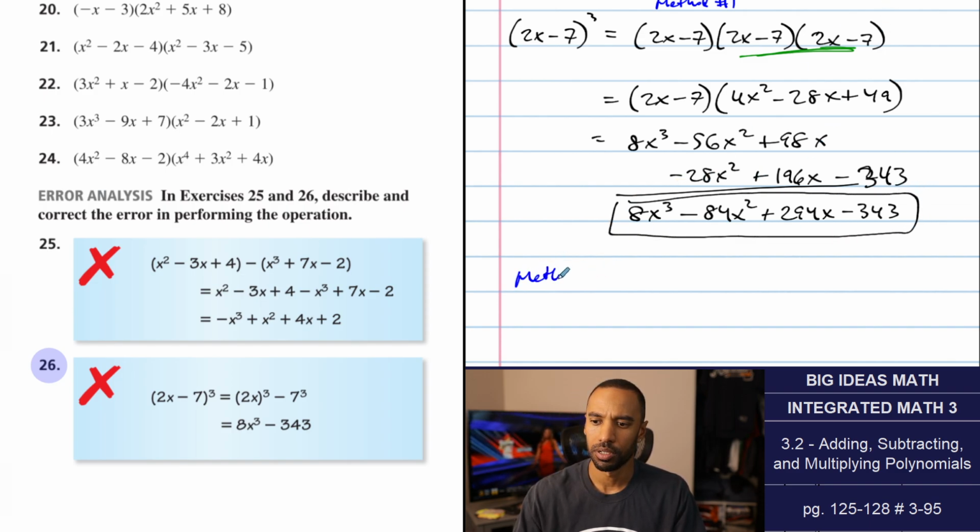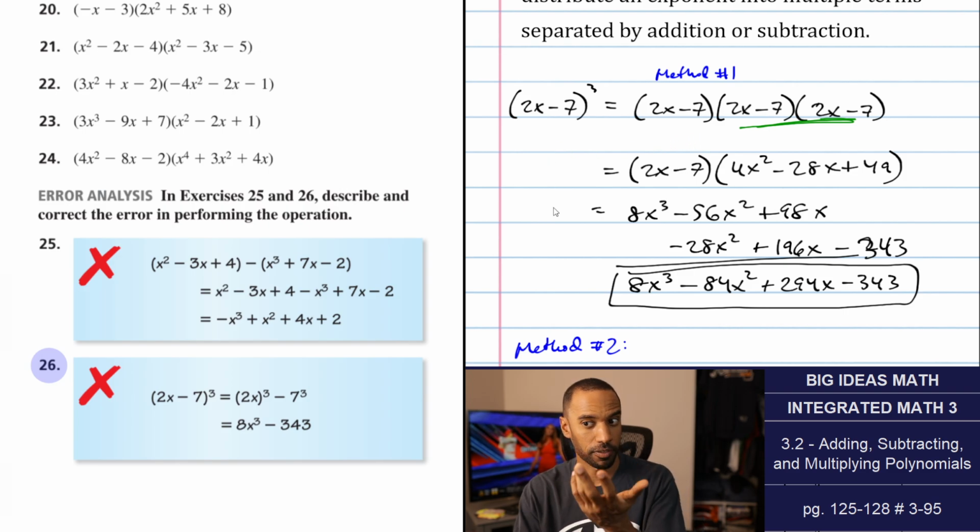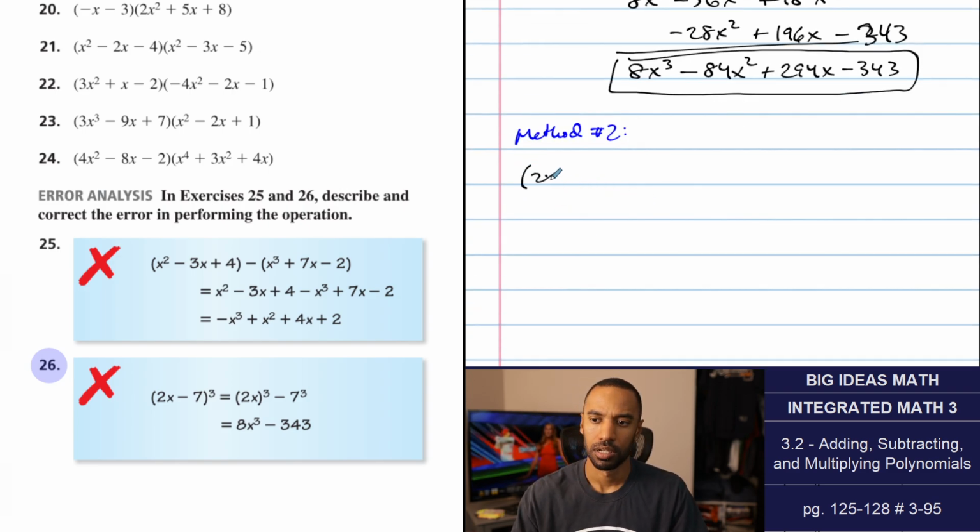Method number 2, for me, will be the perfect cube thing. 2x minus 7 quantity cubed is, you do this 1, 3, 3, 1 thing.